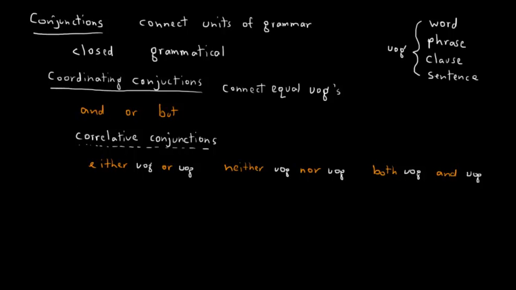Okay? So, then the other major type are the subordinating conjunctions. And the subordinating conjunctions have really two purposes.